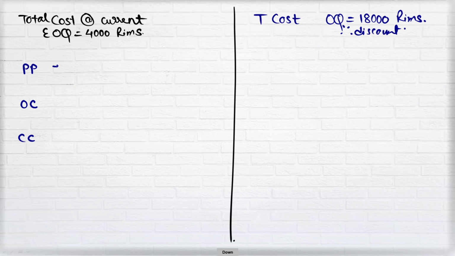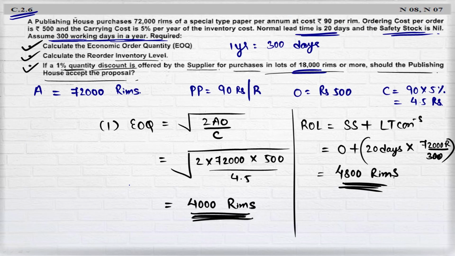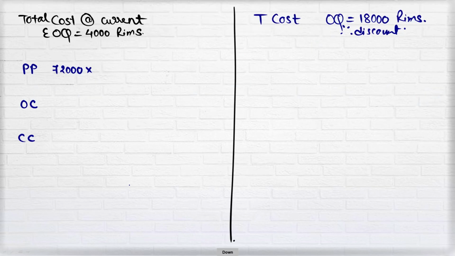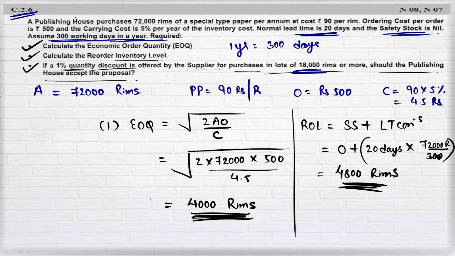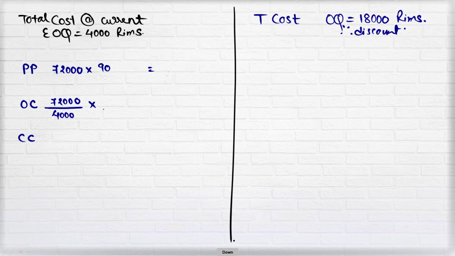Purchase price will be 72,000 into 90. Ordering cost will be 72,000 divided by 4,000 multiplied by ordering cost per order, which is 500.